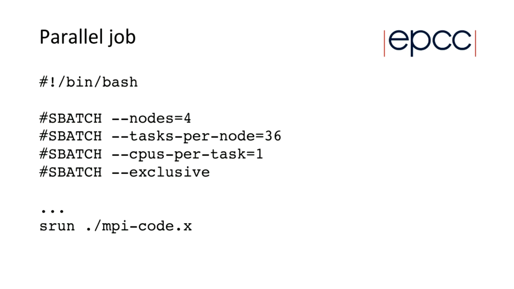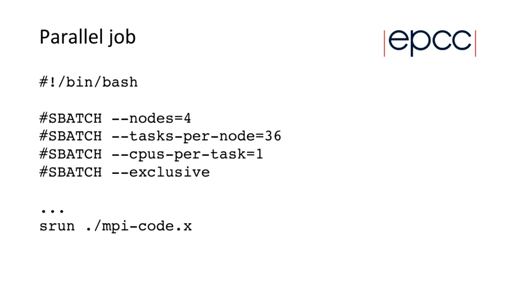And here I've specified --exclusive, which means I'm going to get whole nodes. And so my MPI job will not interfere with any other work, hopefully, and no other work will interfere with my job because I'm going to occupy the entirety of 4 nodes.